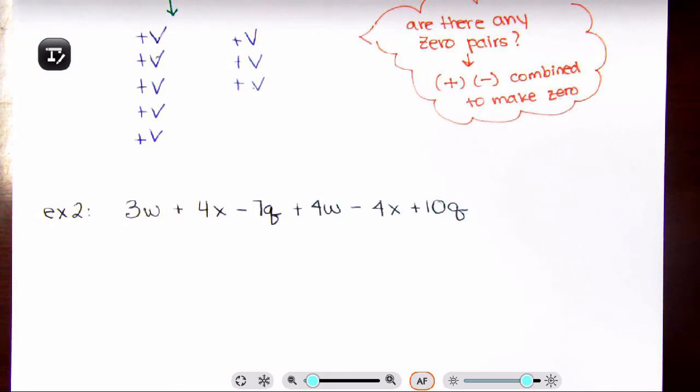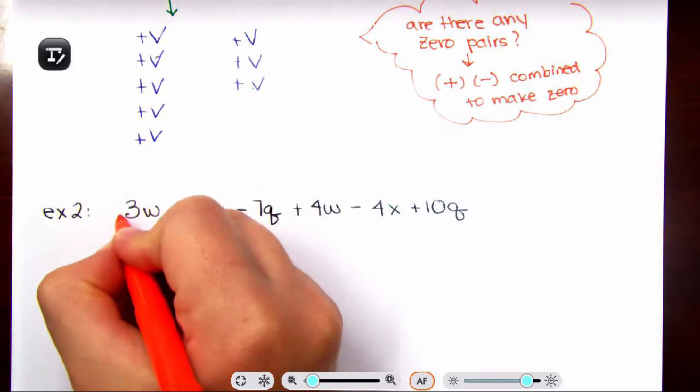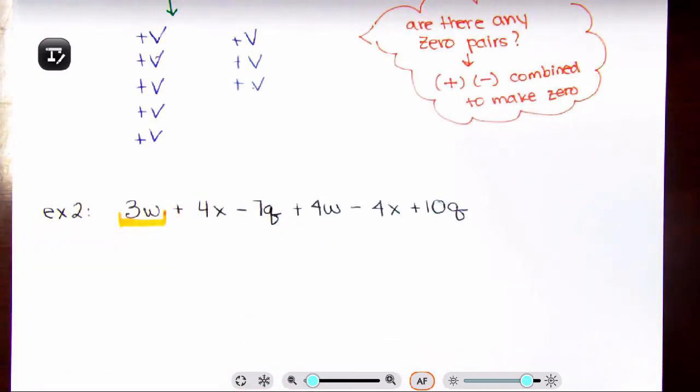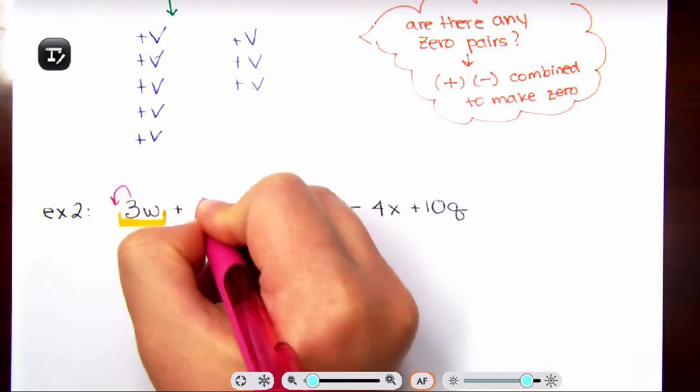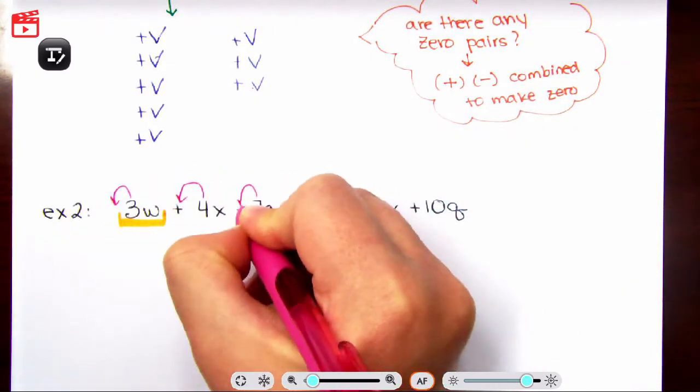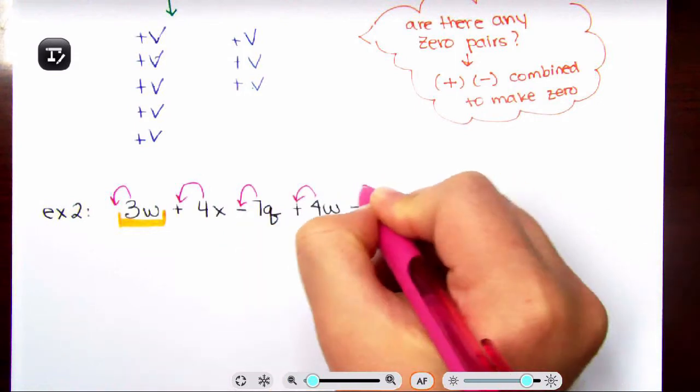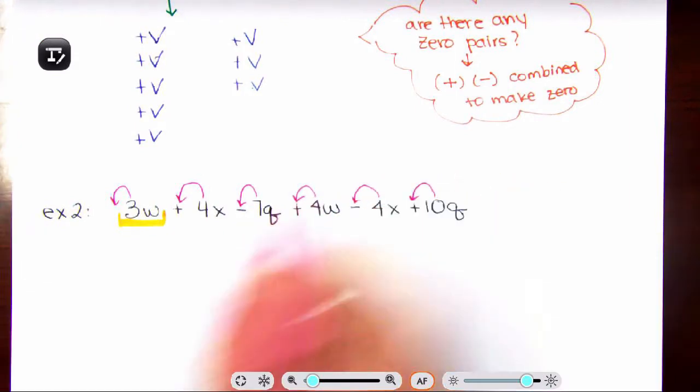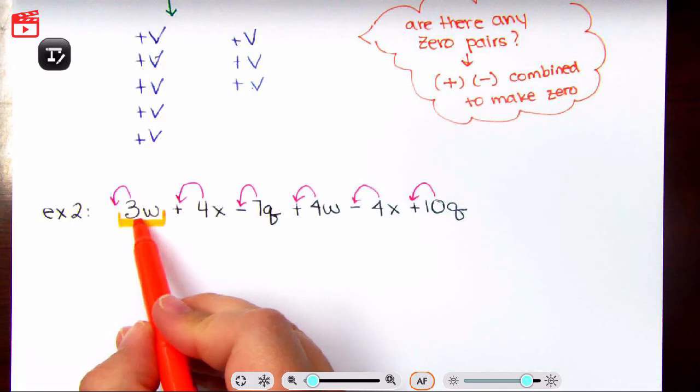So now we have to identify which ones are the same, which ones are different. So in the first one, I see a 3w, so I know I have 3 w's. Make sure you're always taking the sign with it. So let me go ahead and do that. Always take the sign in front of the number. That's where it belongs.